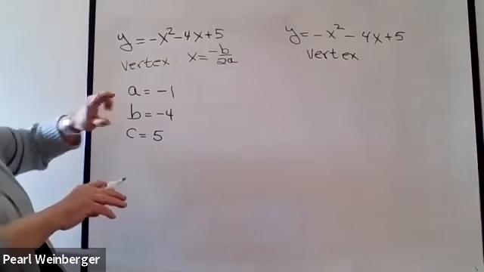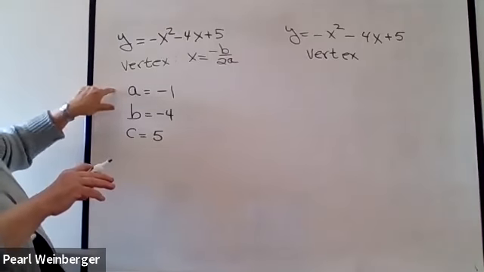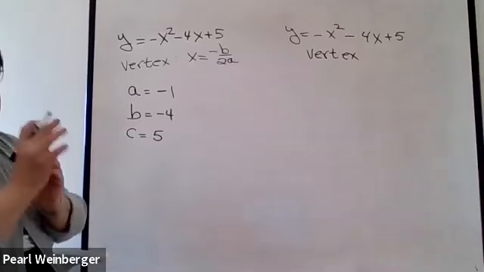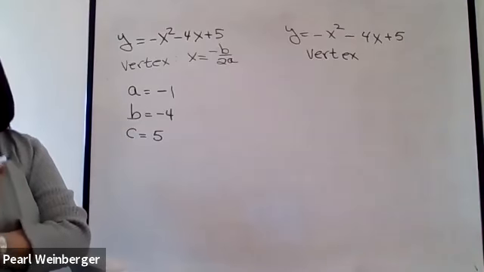Opens down. How do you know it's going to open down? Because the A is negative. Don't say it's negative, say the A is negative. But yes, this is going to be an opening down parabola.